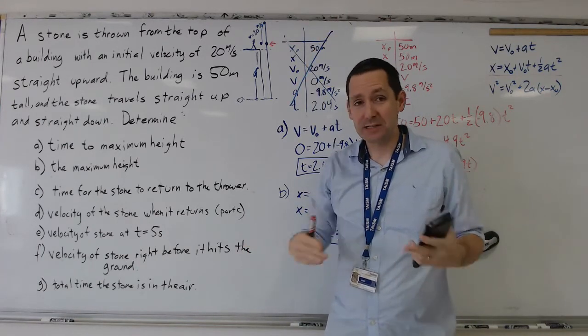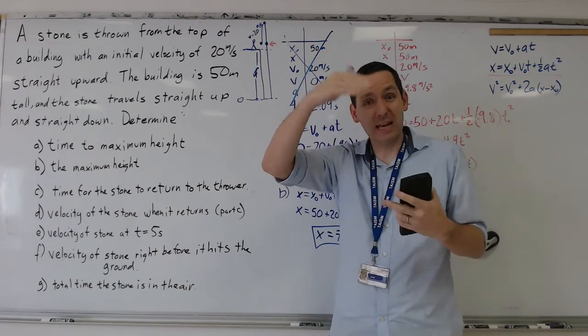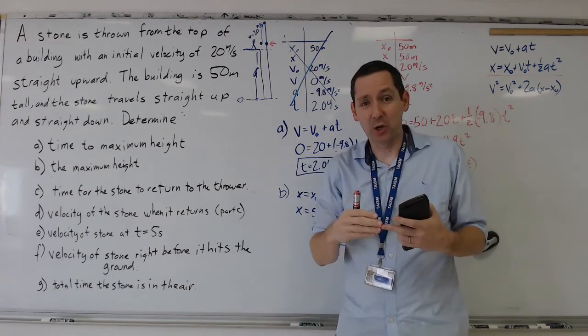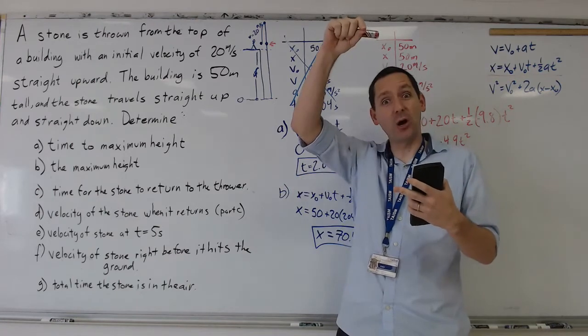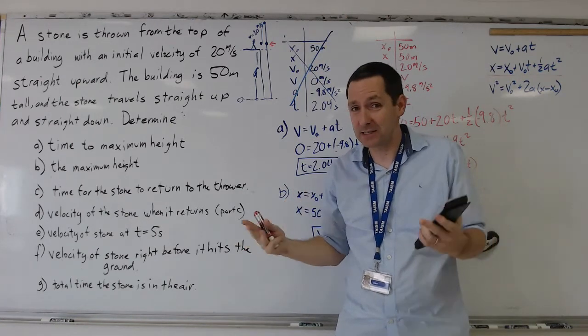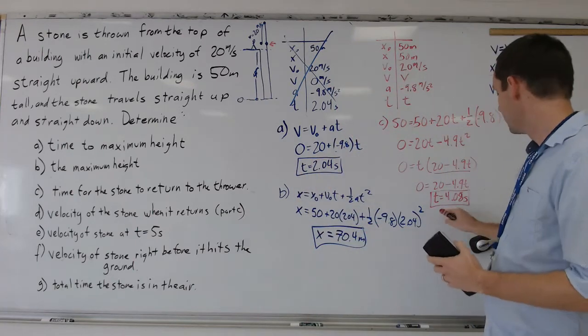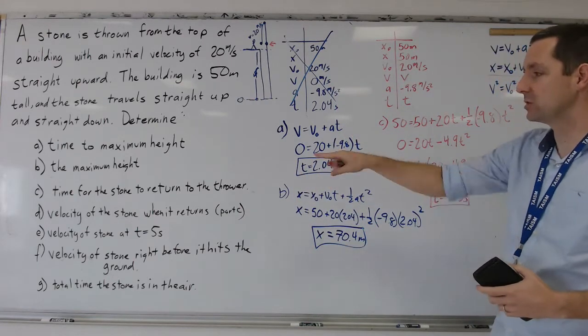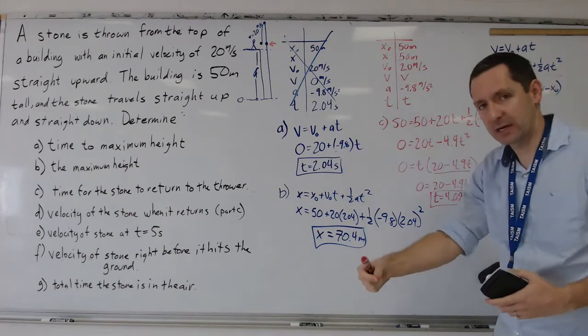You're going from a speed to 0, and then from 0 to some speed, so it's got to be the same if the acceleration's the same. So we get t equals 4.08 as the time it comes back to the thrower.